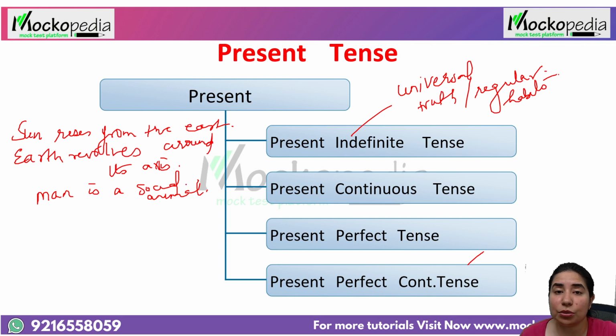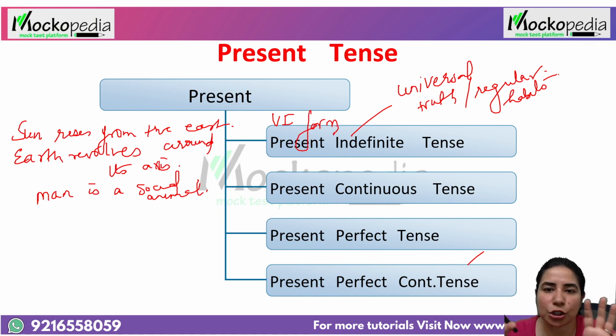So you can see the usages, right? So again, just to make things easy for you, this would be verb first form. So now you know the complete picture of simple indefinite present tense. First, universal truths or regular habits. You know the formula verb first form, and now you have the example. So I'm sure now this particular portion of tenses is sorted for you, right?